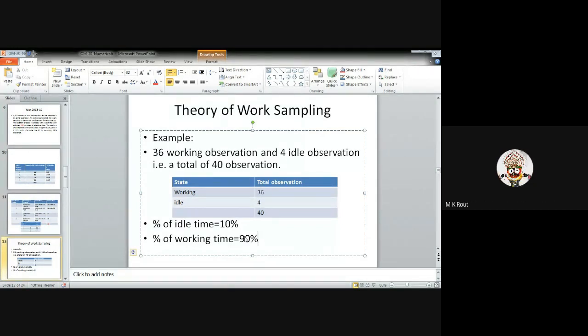This is a very important concept behind work sampling. An organization has 2 types of states: one is the working condition, another is the ideal condition. In case of calculating the actual time, it directly belongs to working conditions, not ideal conditions.